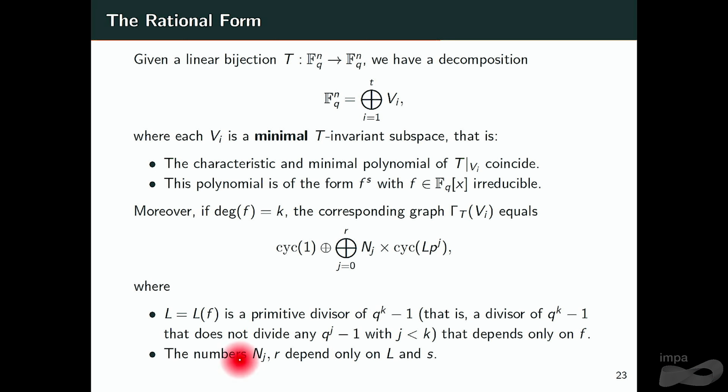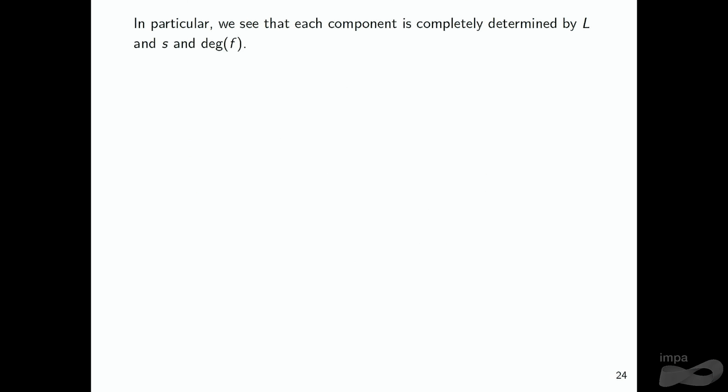And also, the number of times that each cycle will appear and the size of the largest cycle, which will be L times the power of P, only depend on L and S, so only the multiplicity of the polynomial. And this number L, I will not explain what it is, but once we get F, we can compute L. Okay.